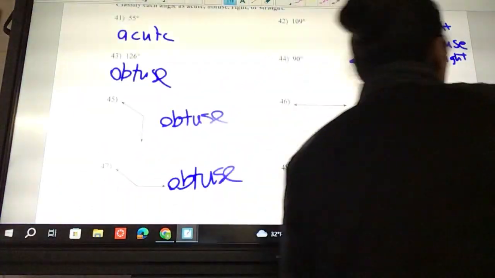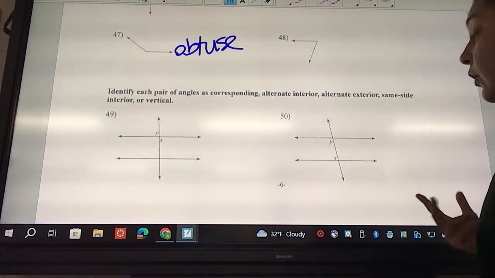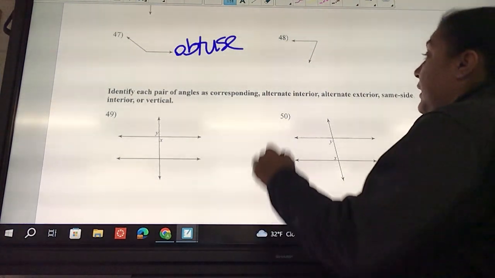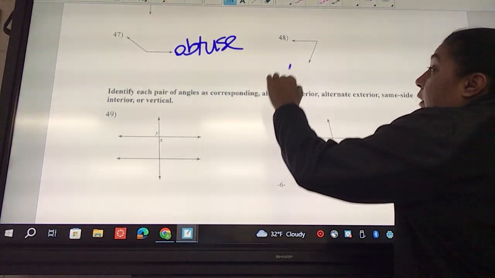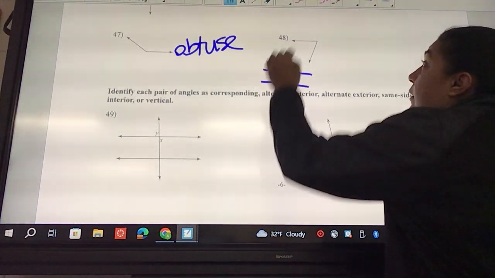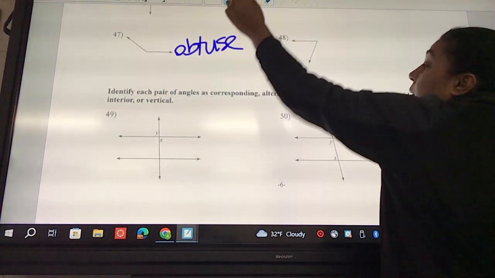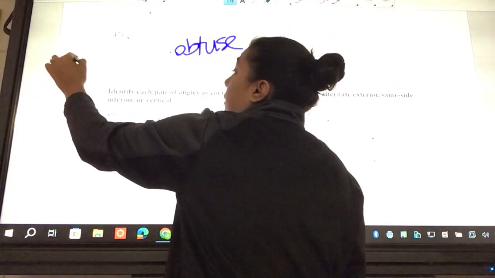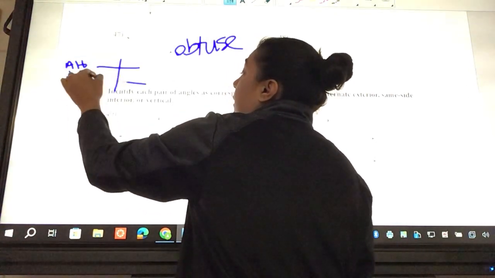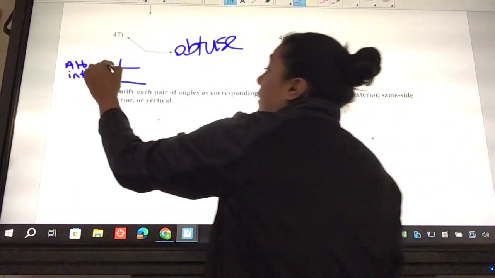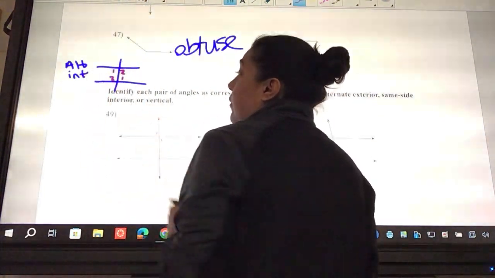For the next section, it's kind of hard for me to write notes for some of them. So alternate interior is going to look like either 1 and 1 or 2 and 2.